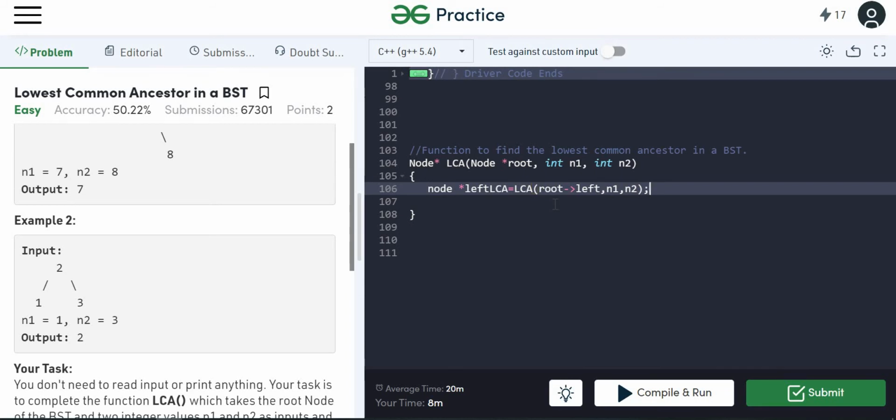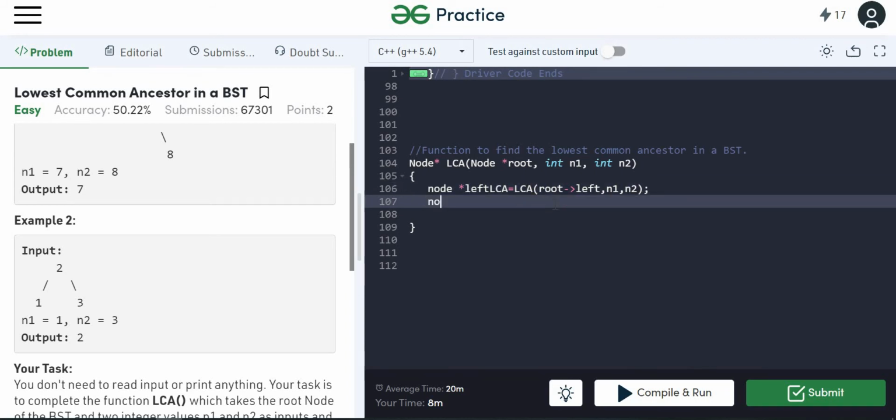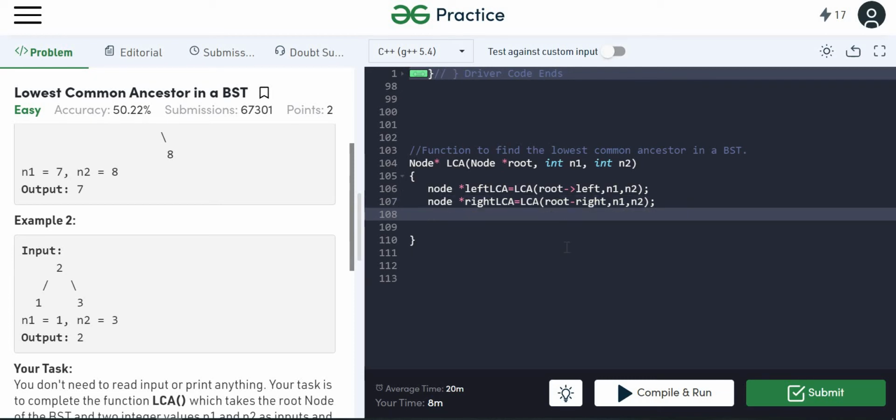And then we have to take another node, rightLCA, which will be equal to LCA of root right and n1 and n2 as it is.